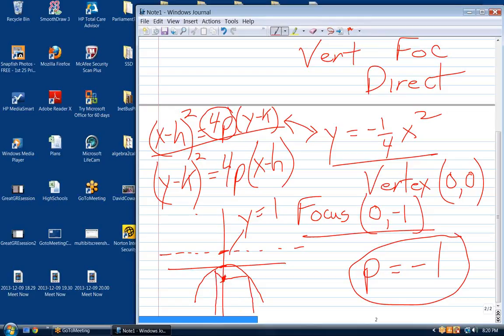That's what makes parabolas so beautiful to use for telescopes, flashlights, receiving antennas for direct TV. They're all parabolic shaped. And the receiver is right there where the focus is. So knowing how to find the focus on a parabola has a lot of very practical uses.